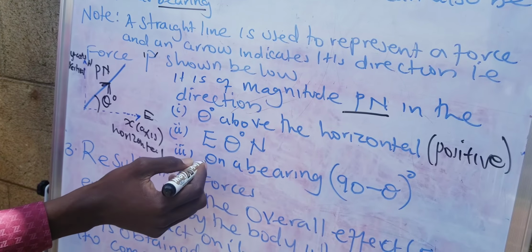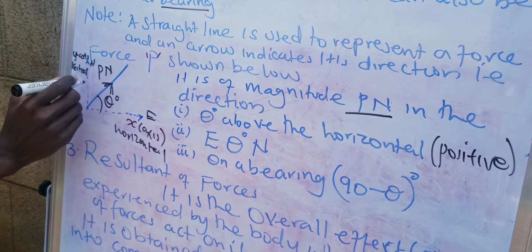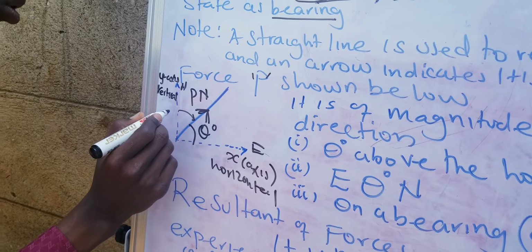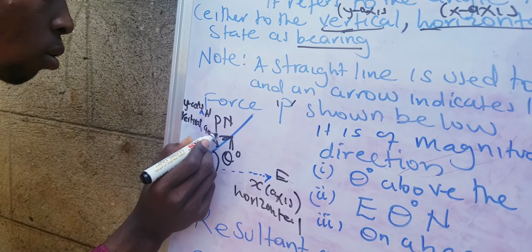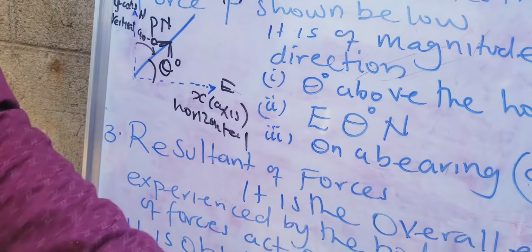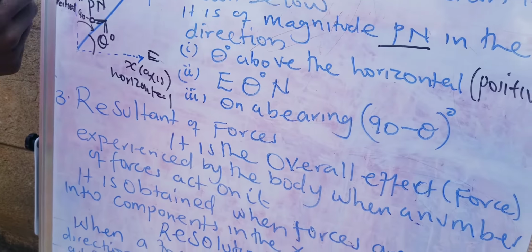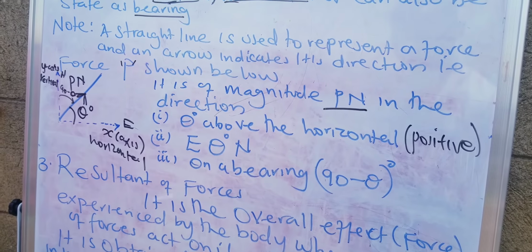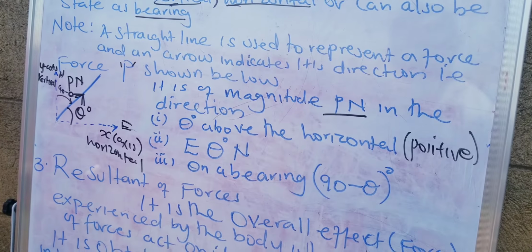Or you can simply say it is on a bearing, where we all know that bearing is calculated from the north. So we shall calculate this angle, which will be 90 minus theta, and we say on a bearing 90 minus theta degrees. Or you can state the angle as 90 minus theta degrees to the vertical. So those are the three ways of stating the direction.